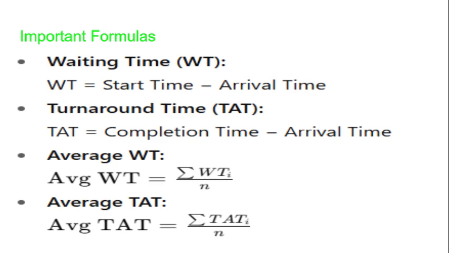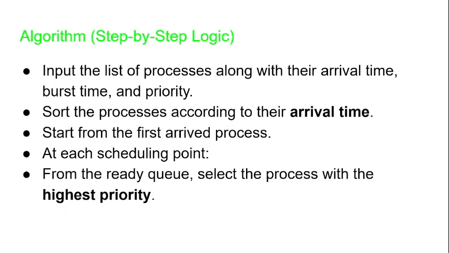The turnaround time is the difference between the completion time and arrival time. The average waiting time is the summation of all the waiting times divided by the total number of processes. And the average turnaround time is the summation of all the turnaround times divided by the total number of processes. So let's start with the algorithms, step by step logic.